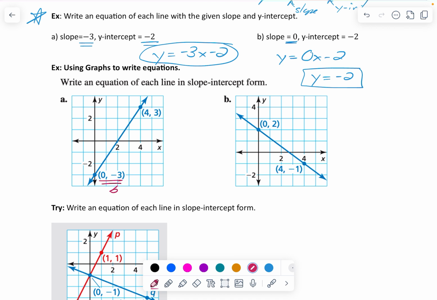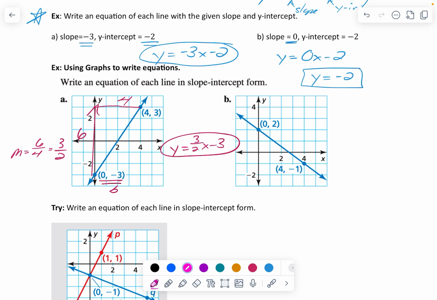So we're going to go up 1, 2, 3, 4, 5, 6. So we're going to go up 6 over 1, 2, 3, 4. So my slope is 6 over 4, or 3 halves. So my equation will look like y equals 3 halves x minus 3.